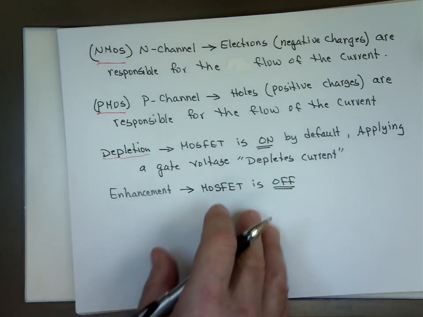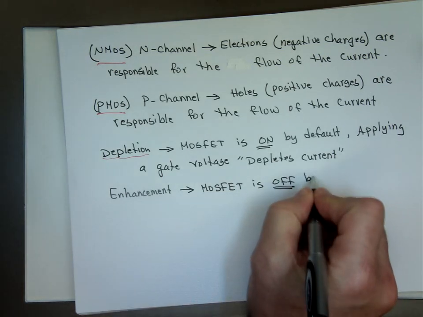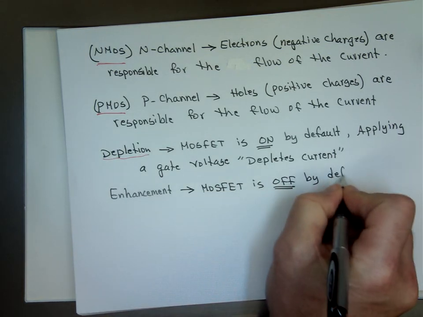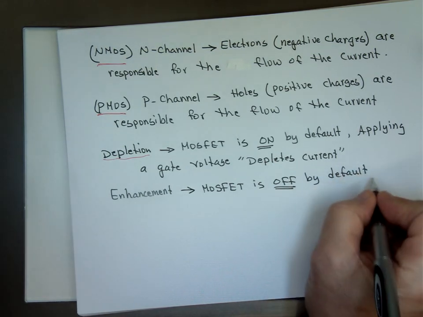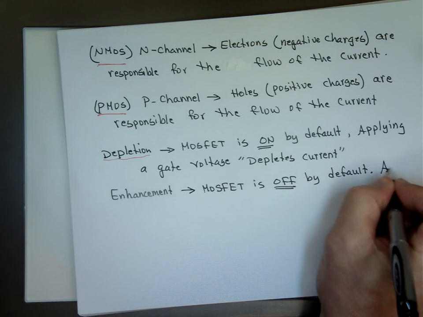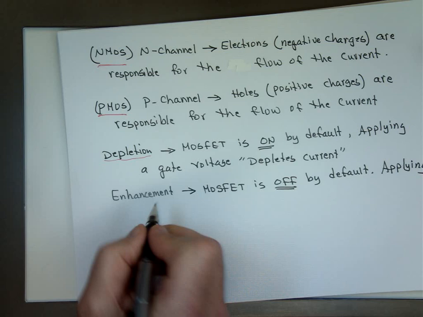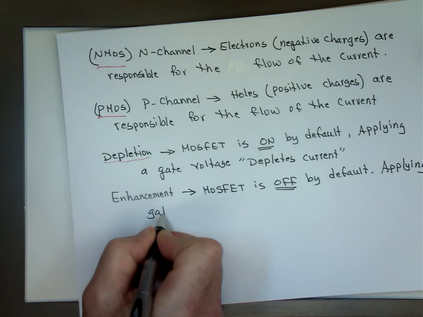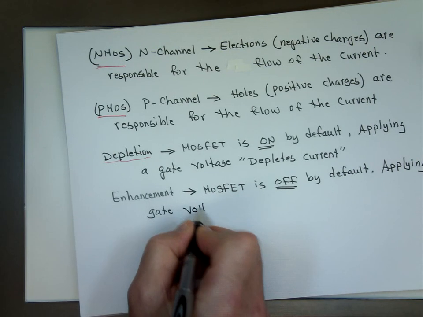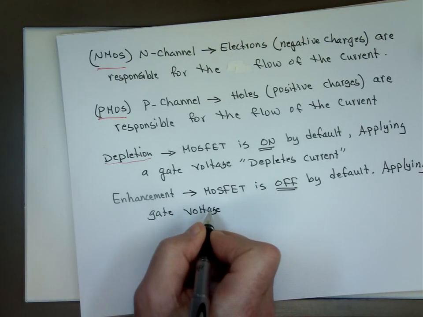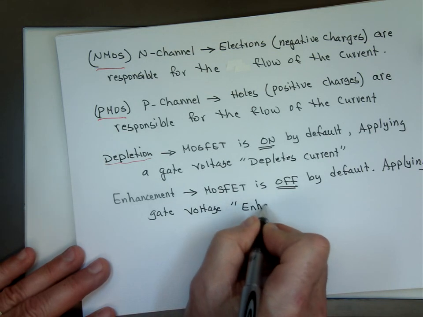The enhancement MOSFET is in the off position by default, and applying gate voltage here does what? Enhances the current. And that's where the name came from.